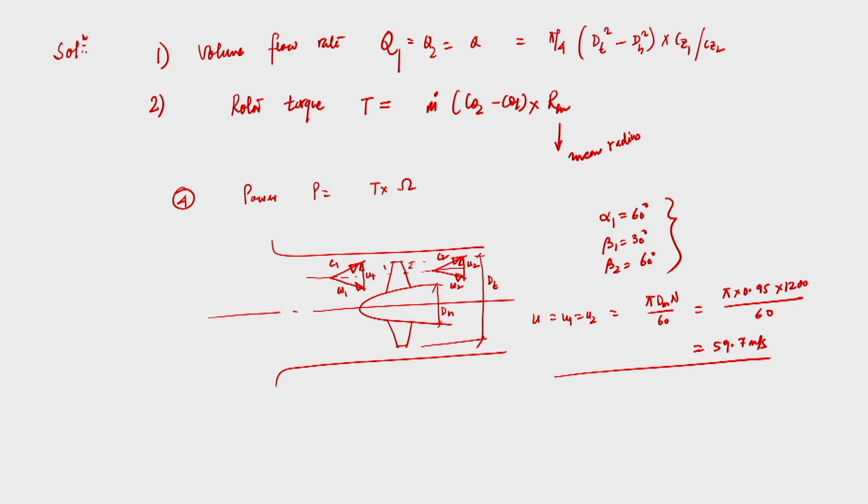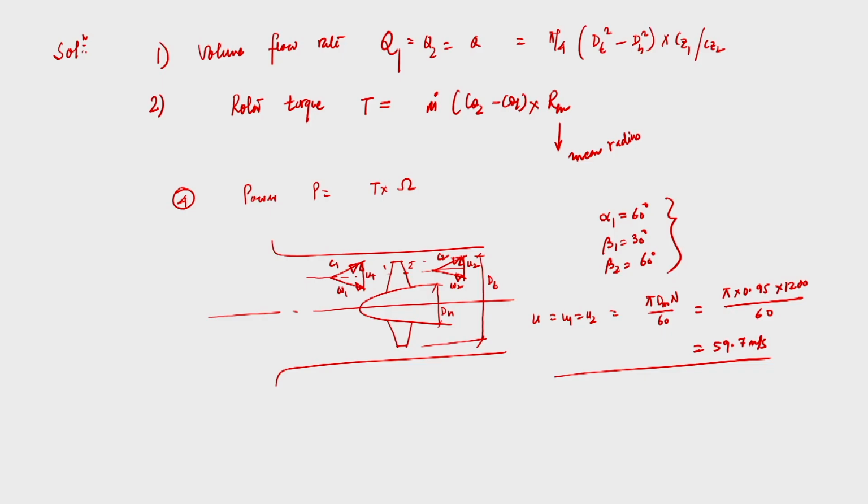To obtain the flow rate, we know DT, we know DH, the only thing we need to know is either Cz1 or Cz2. So, if we take the inlet velocity angle, which one is alpha? Alpha 1 is 60 degrees. So, this angle is 60 degrees. From the inlet velocity triangle we obtain Cz1. So, this is Cz1 and this is Cz2.